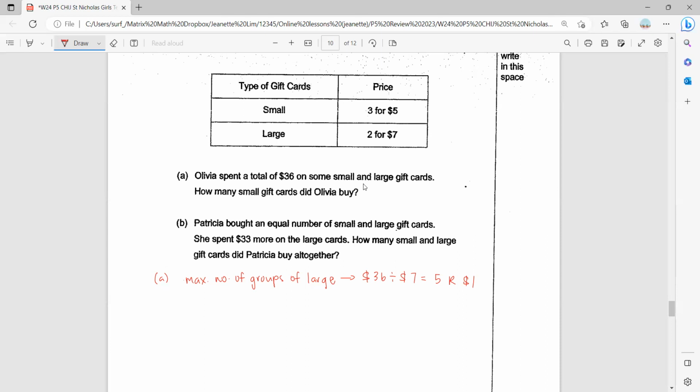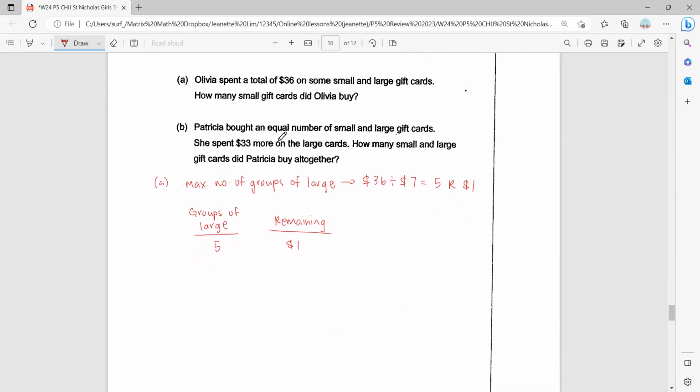So what we need to do now is this: I know the maximum is 5 groups of large. I can't go any bigger, so I'll list them out. If I get 5 groups of large gift cards, I get $1 left.